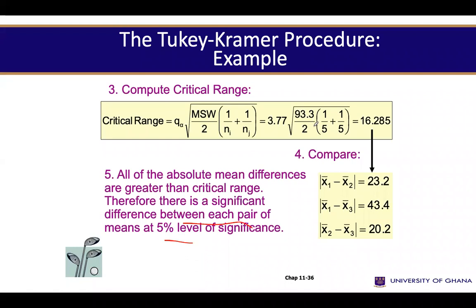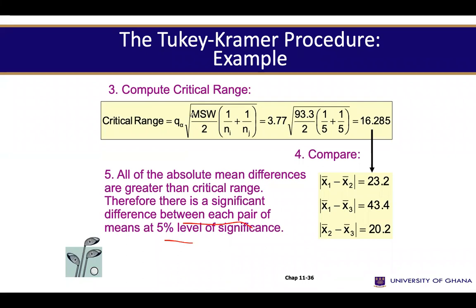So if the sample sizes are the same across all the groups, then you're just going to have one critical range to use for all the comparisons. In this particular instance, we don't have to calculate 3 critical ranges, one for each pairwise comparison. We just have to calculate only one critical range because the sample sizes are the same.